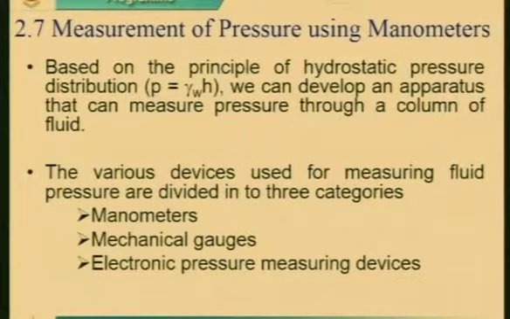Now, let us start a small part of it, measurement of pressure using manometers. I will stop with this slide only. So far we have discussed the definition of pressure, intensity of pressure, how it varies in the liquid, P is equal to gamma into H. Now, we have to develop some instruments which can measure.